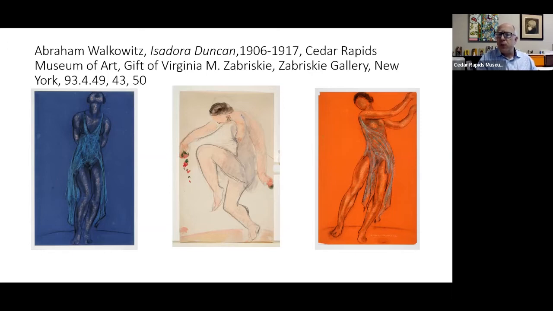Abraham Walkowicz was one of those artists. He was introduced to Isadora Duncan in the studio of sculptor Auguste Rodin during a trip to France in 1906. And he was influenced by her nature-inspired dance when he saw her perform in a private salon.